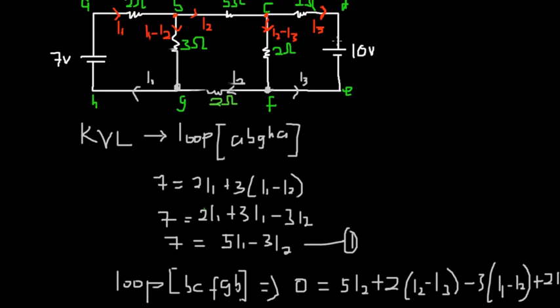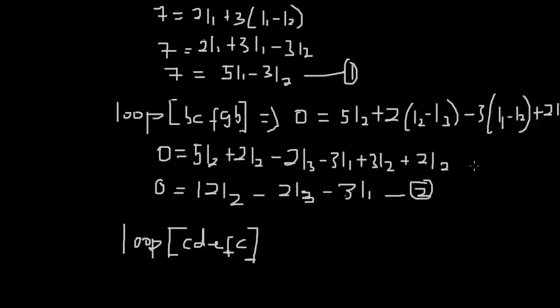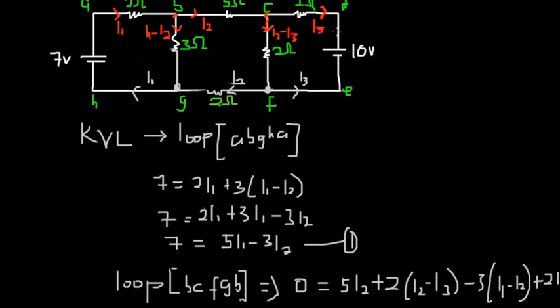We could start from anywhere, but let's start from maybe C. Let's take the loop from C, D, E, F, C. So we have loop C, D, E, F, C.